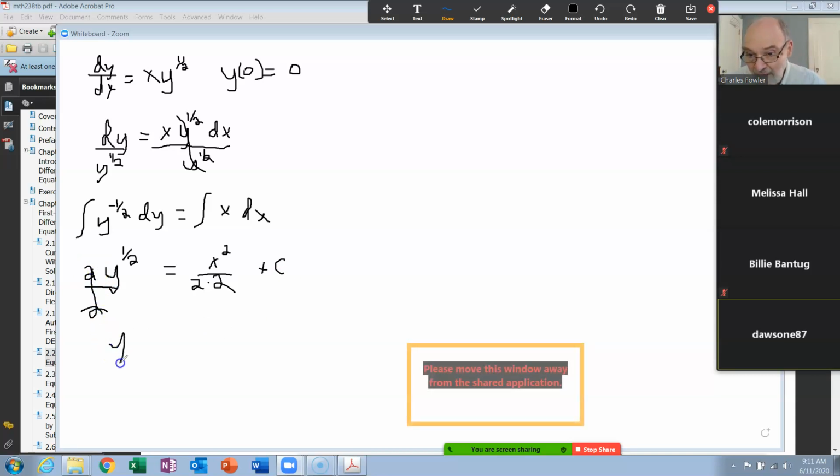So now we wind up with the square root of y, or y to the 1/2, is equal to 1/4 x squared plus some constant. Goodness gracious, this is ugly.